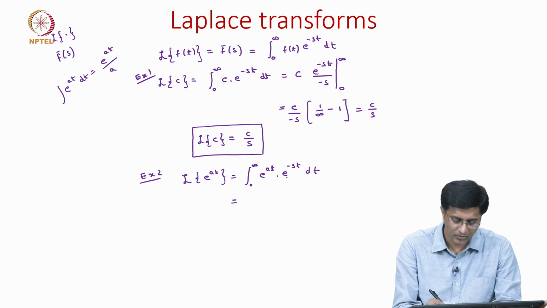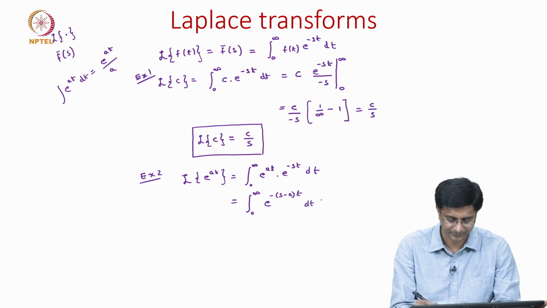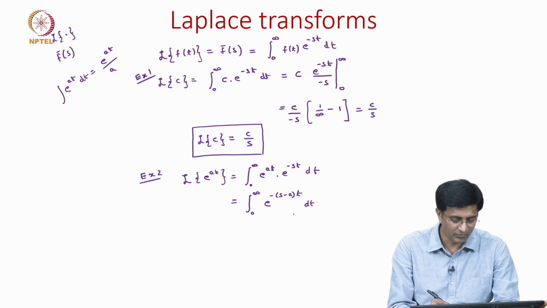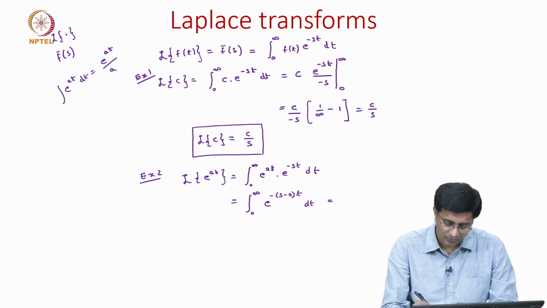When we have two exponentials, the powers can be added. So, now we can write it as e power minus of s minus a times t dt. Again we use this formula of integral of e power at, by which we get e power minus of s minus a.